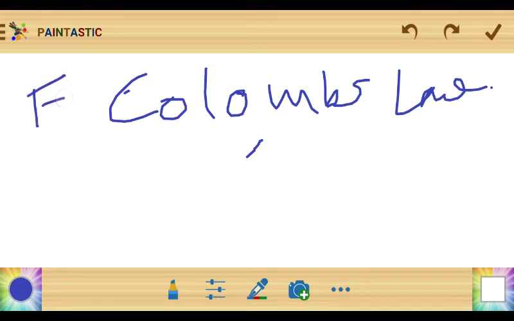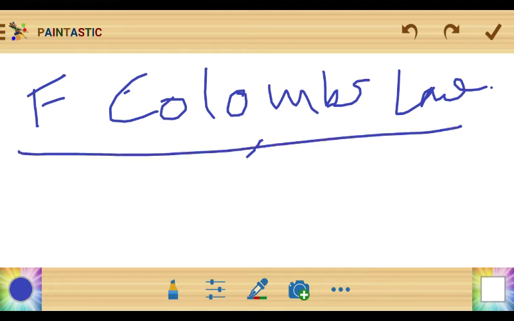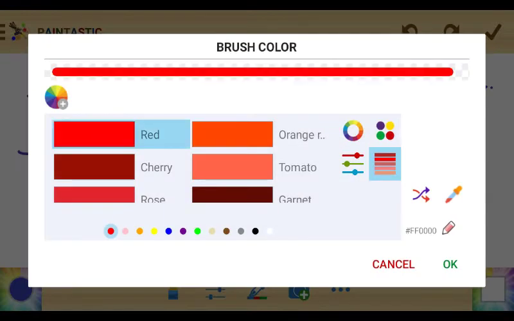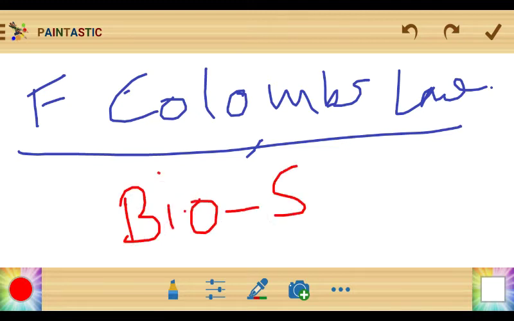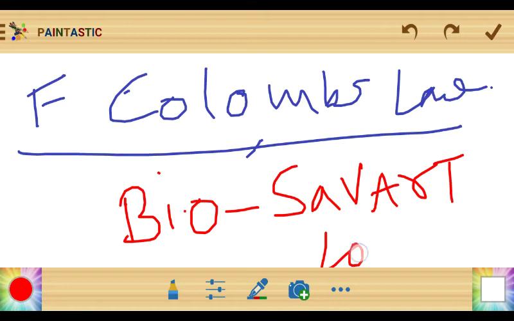This gives the force between static charges, but in magnetism there is one beautiful law which is called Biot-Savart law.